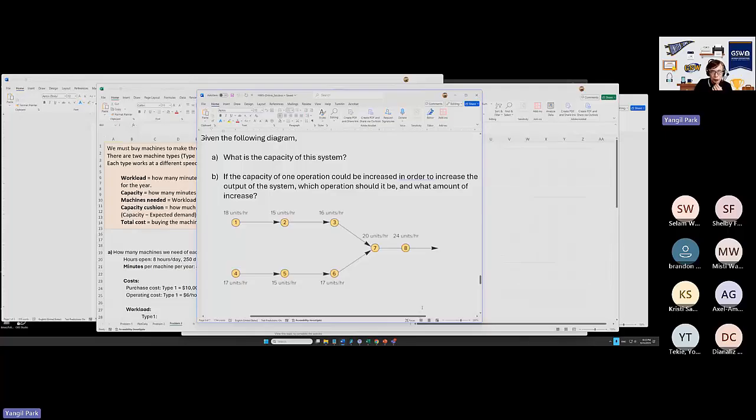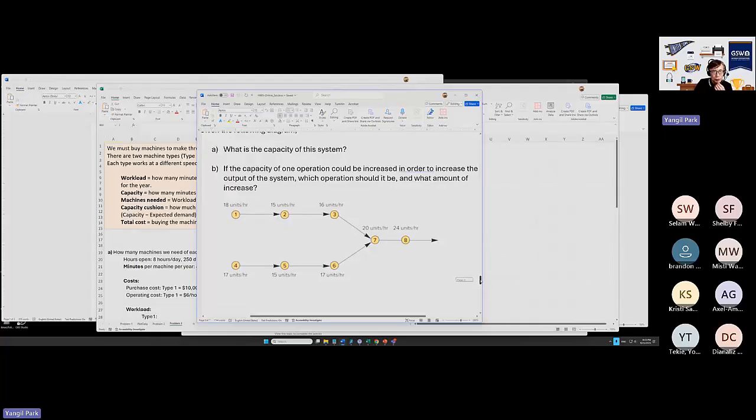I think it's something to do with the bottleneck in this example. One of those points is too small to digest all those incoming units, so you cannot proceed with the amount you're supposed to process.